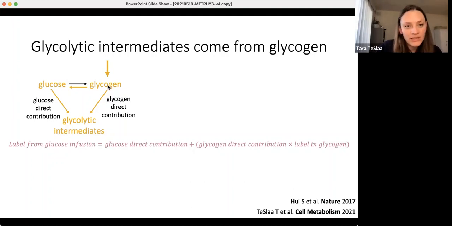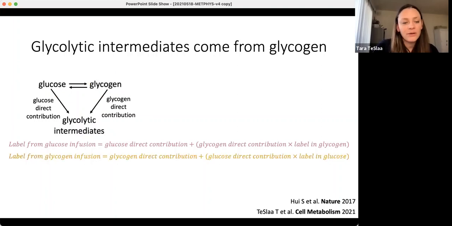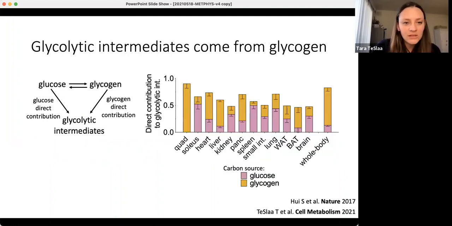So in our pulse chase experiment, we labeled glycogen, and therefore the labeling that we observe in glycolytic intermediates is the sum of the direct contribution from glycogen and the indirect contribution from circulating glucose. And so now we have two equations with two unknowns, and we can solve for the direct contributions. And so when we do this, this is what we get.